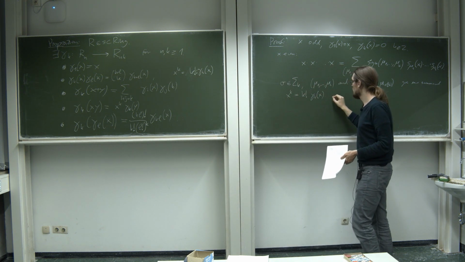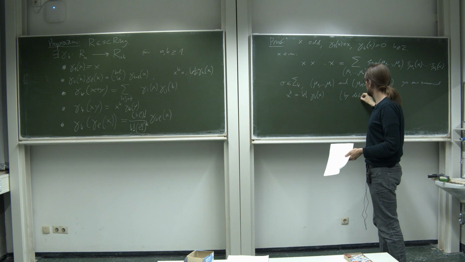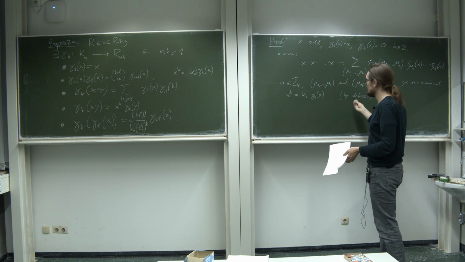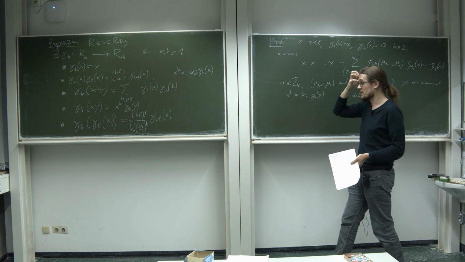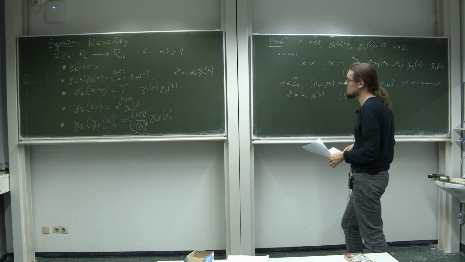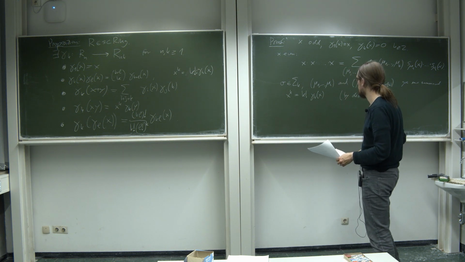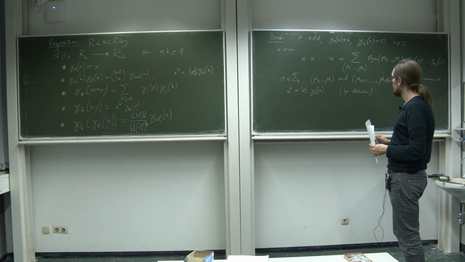And this is really how we define our gamma k. We observed that we can group these summands together into groups of k factorial many identical ones, and we just picked one from each of these equivalence classes.